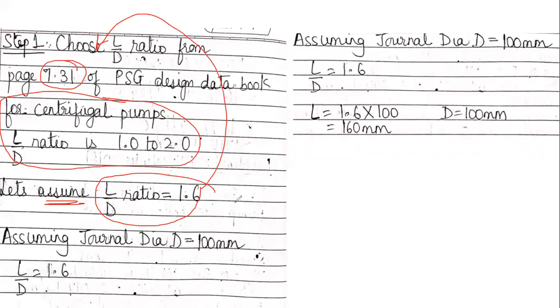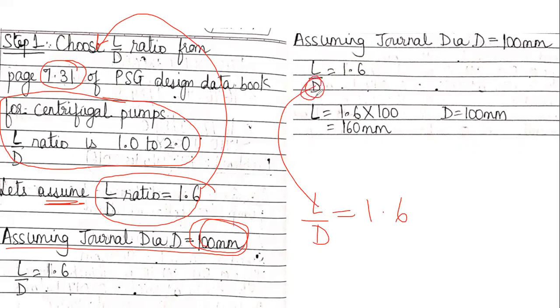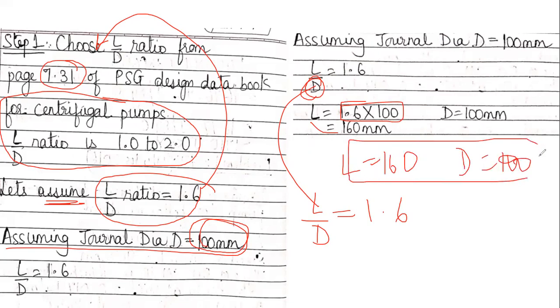Also here, they have not given the journal diameter, so I am assuming journal diameter as 100 mm. If L by D ratio is 1.6 and D is 100 mm, 1.6 into 100, L will be 160 mm. So we have fixed the values of L and D, 160 mm and 100 mm. First step we have finished.